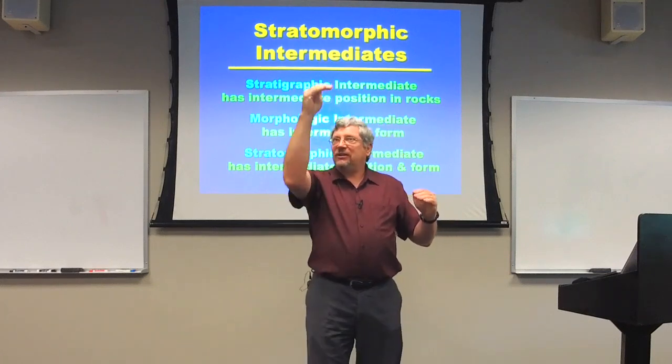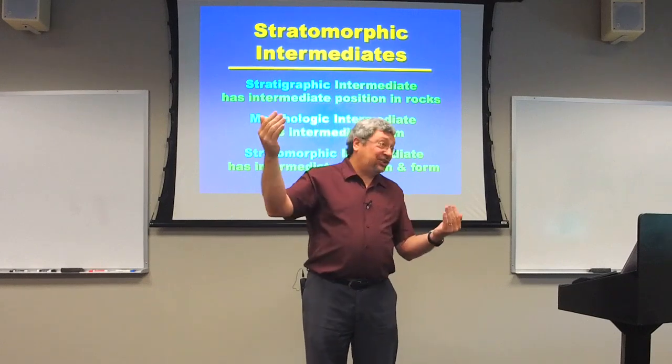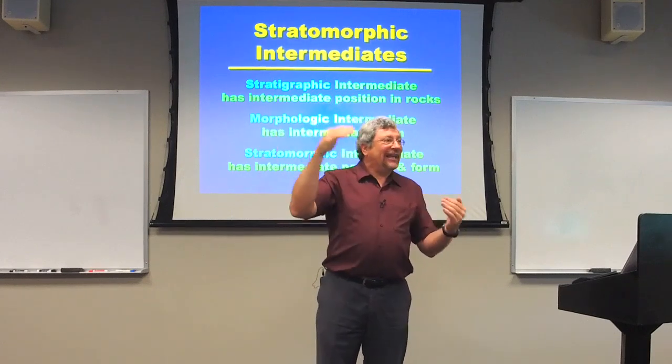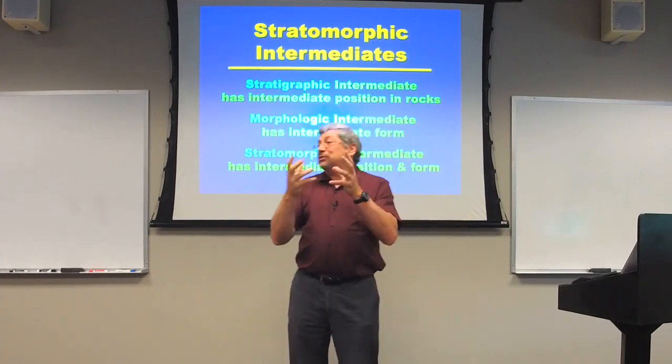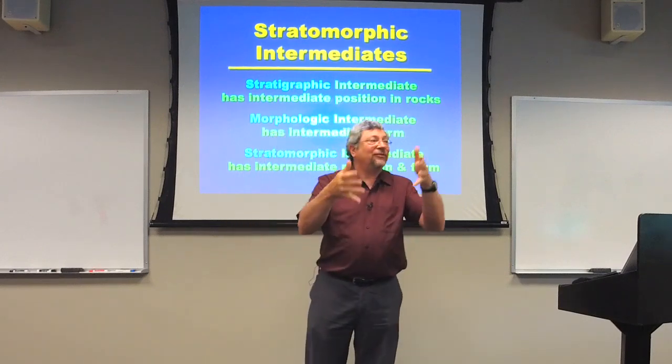It's stratigraphically between A and C, and it's morphologically between A and C. That's what you're looking for if you're an evolutionist. If you're an evolutionist, you would expect stratomorphic intermediates.